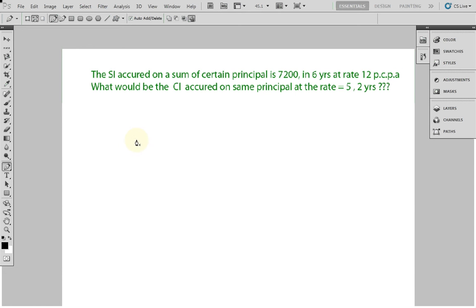Okay, fine. Here simple interest is given for us. Don't worry about this question. We can solve this question very easily.